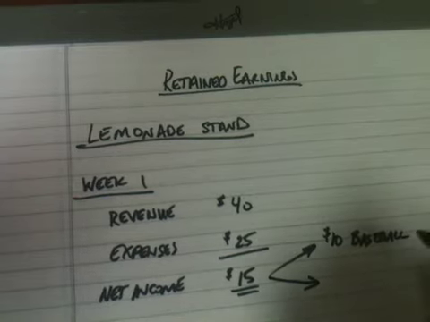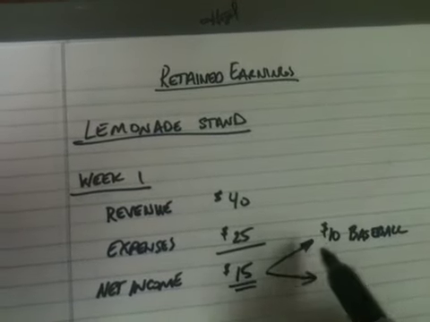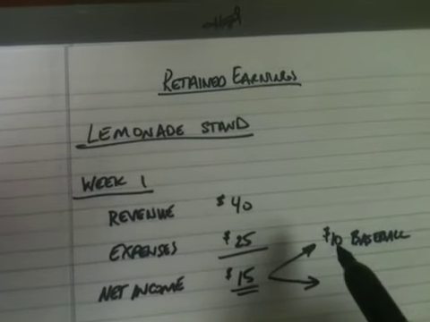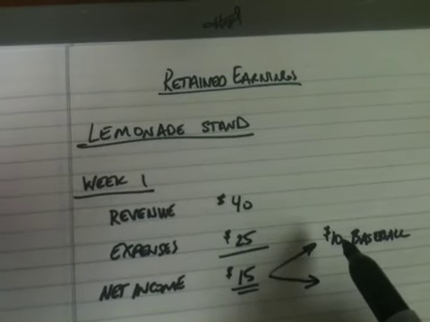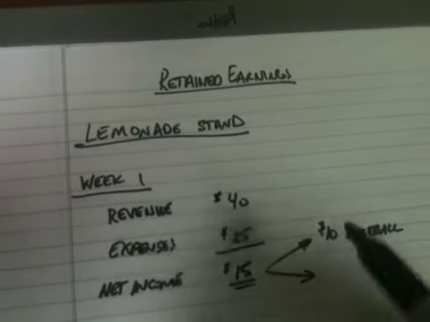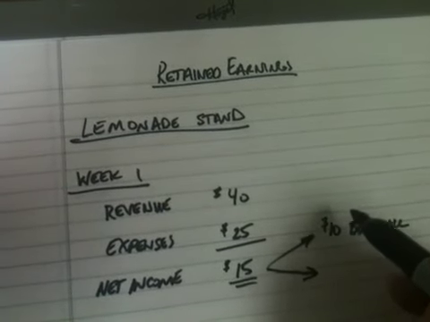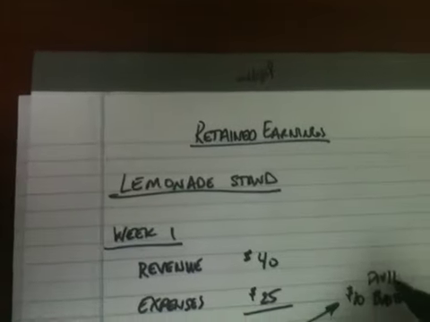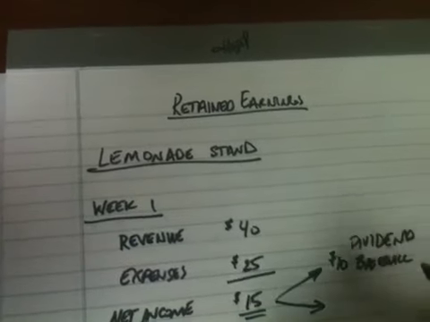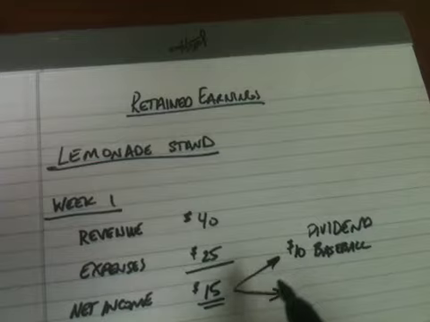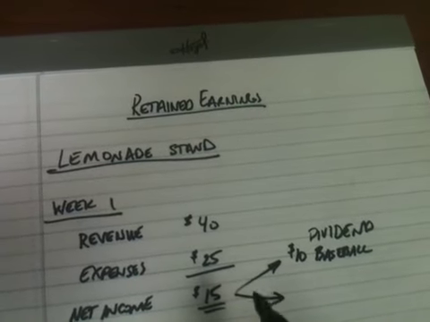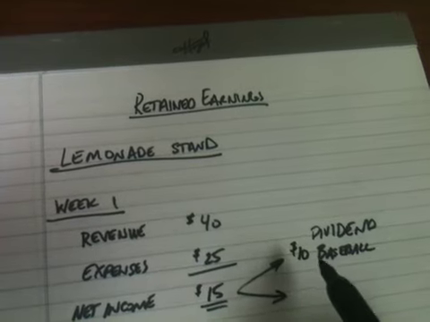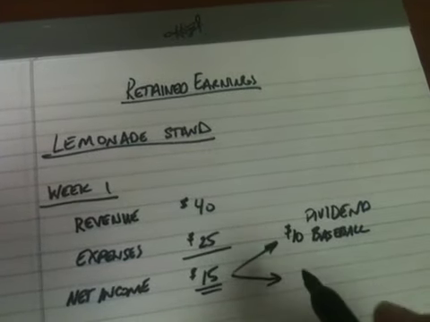That's really a distribution from the business to the owner, or in a corporation it would be owners. In our terminology, this is a dividend. So he's distributed money to the investors in the business, or really to the ownership, for whatever use they want to make of it. In this case, he's buying a couple baseballs.